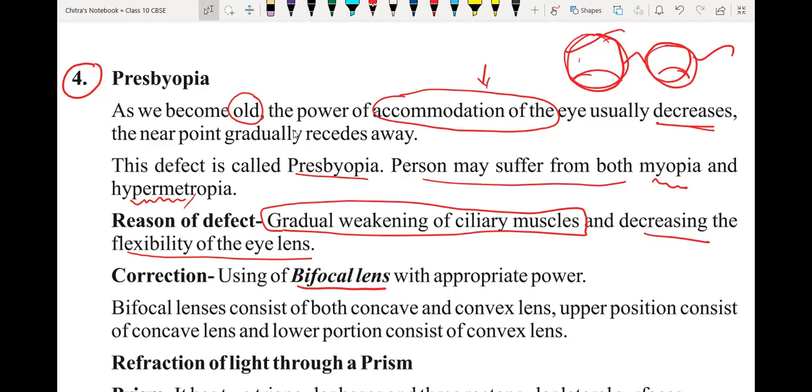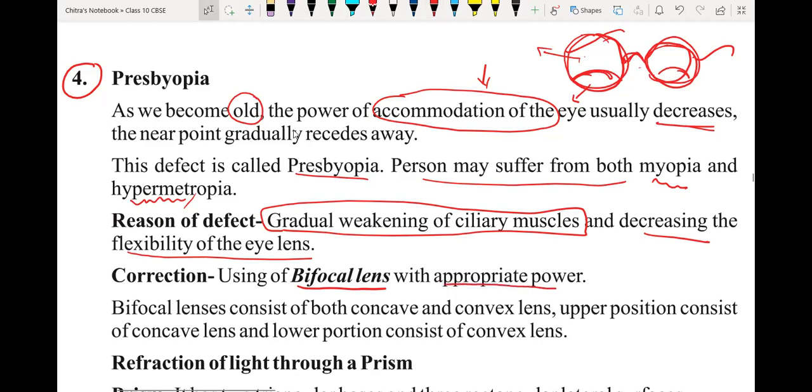This lens is used to observe the nearby object, and that lens is used to observe the distant object clearly. Okay, everyone? Yes, sir. So here two types of lens we are using. That's why it is called a bifocal lens.